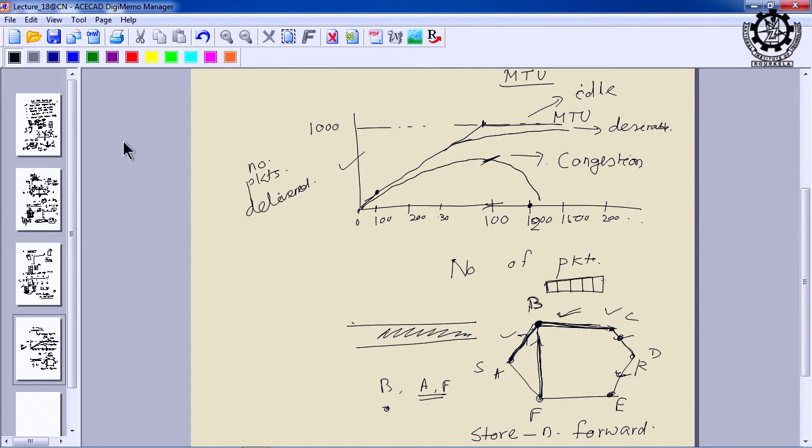So what happens at B now? If the B node has a smaller buffer, what will happen? Let us say B has a small buffer. A will send the packets, F will send the packets. If this node is not able to buffer them, the packets will be dropped. If the packets are dropped, what will happen? Again these two nodes will retransmit because of the timeout. Every time they transfer the packets, they will be dropped.